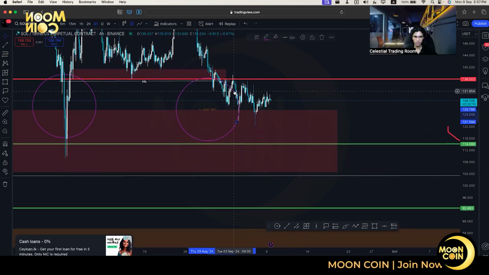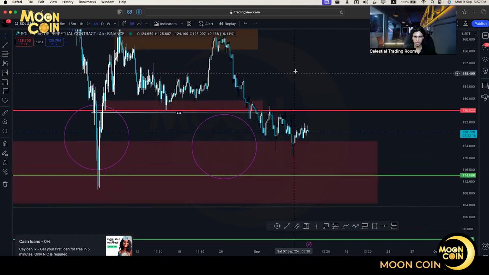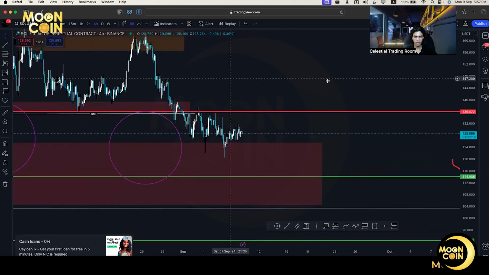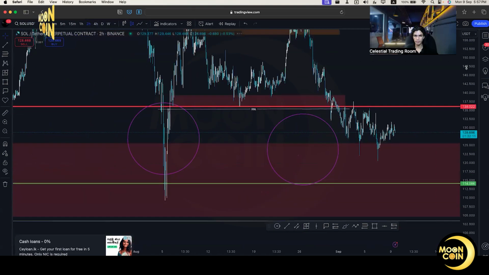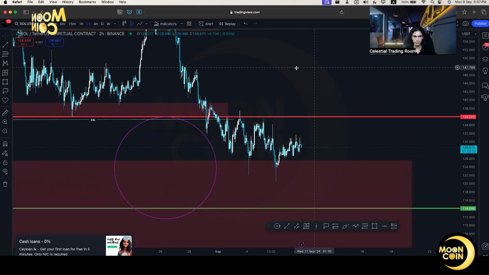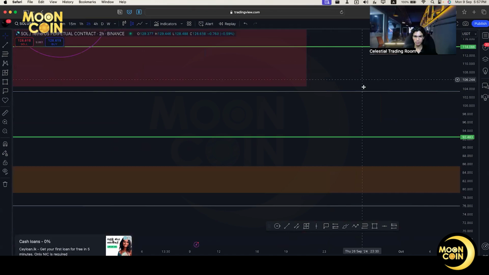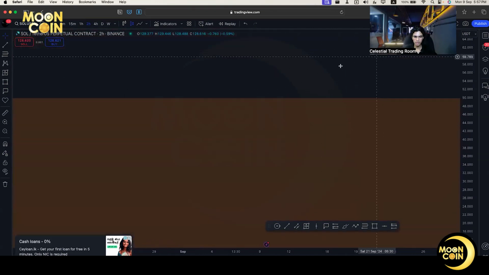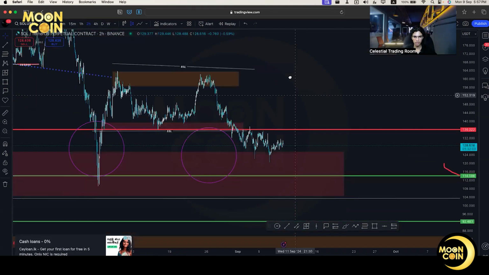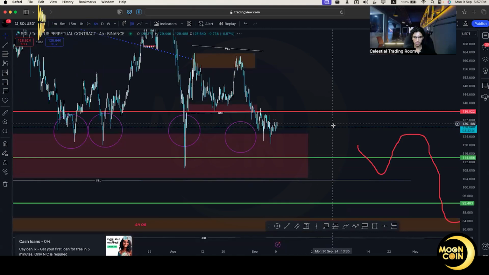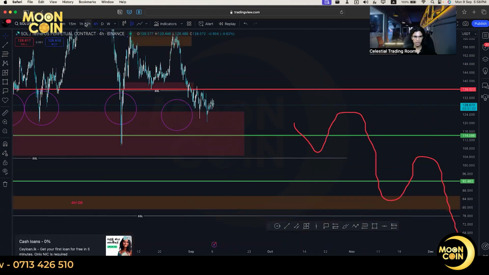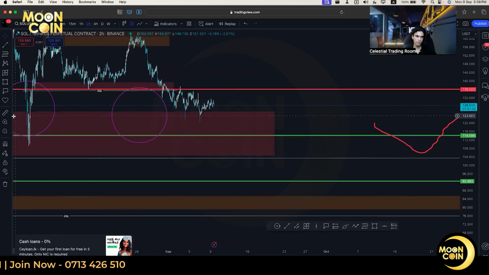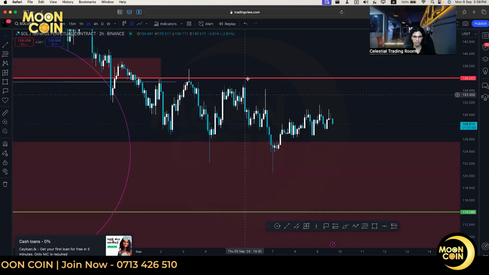Now let's move deeply into the analysis part. Let's go for the mid-term and short-term price movement that we expect. The price I suggested before was a long-term prediction of Solana, and now we will get into the mid-term and the short-term movement of Solana.